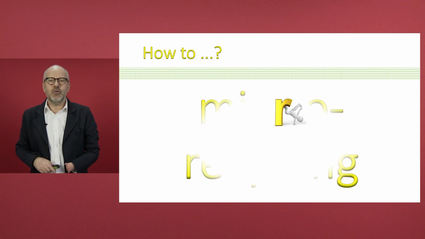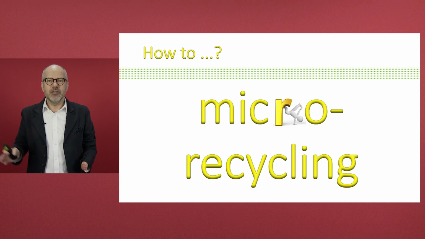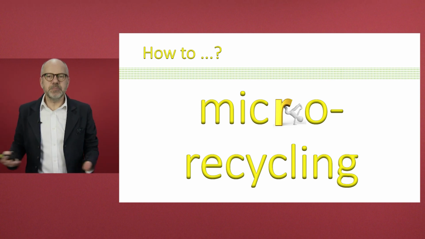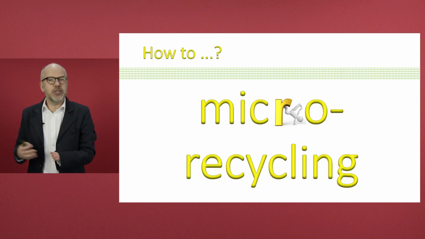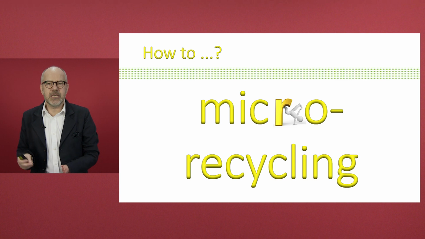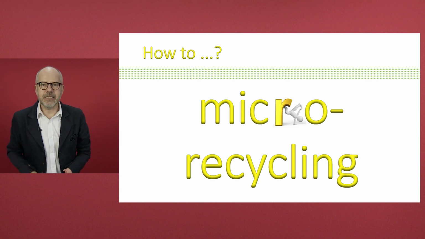And the message is we need a strategy called micro-recycling, not just a huge lump of recycling perhaps every unit or every 2 units, but recycling left, right and center, an integral part of every single lesson. Let's take an example, shall we?